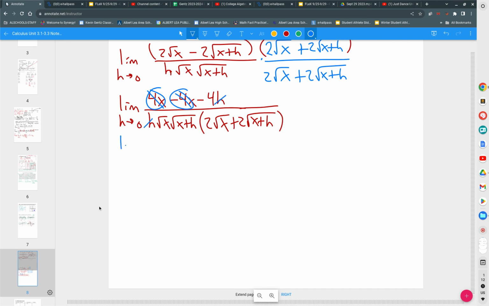So you have the limit as h goes to 0 of, in the top we have -4, and in the bottom we have, it's just smaller by the h, but we have that whole rest, root of x plus h, parentheses, 2 roots of x plus 2 roots of x plus h.